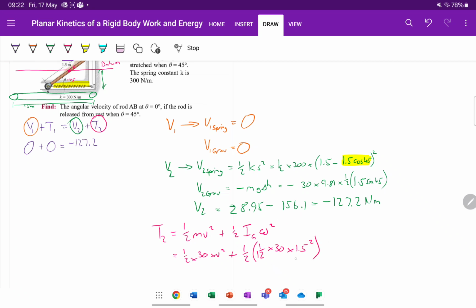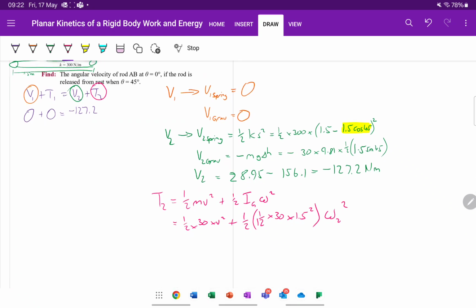So that's my Ig bit that I've just put in those brackets, times omega 2 squared, the angular velocity at the end. So that's going to be 15 v2 squared plus 2.813 omega 2 squared. Let me just write that again.